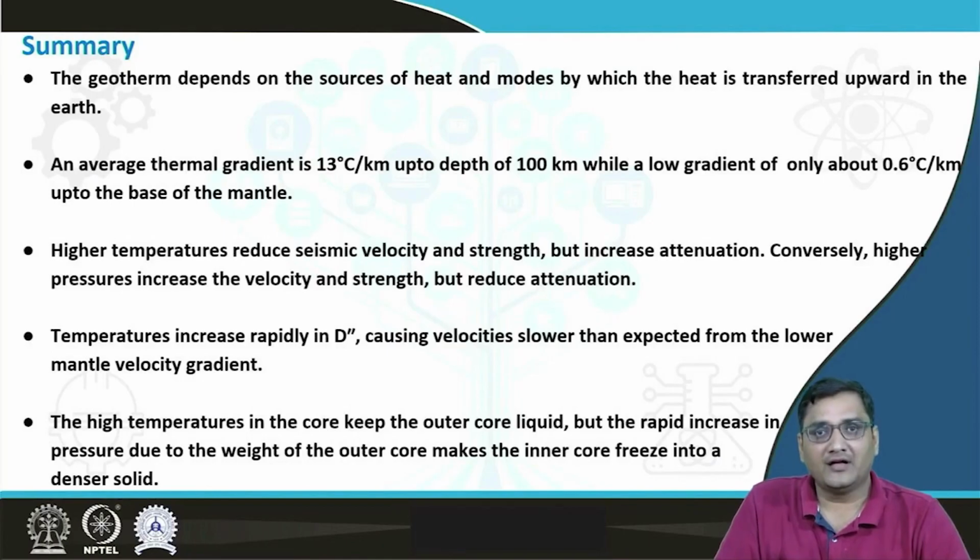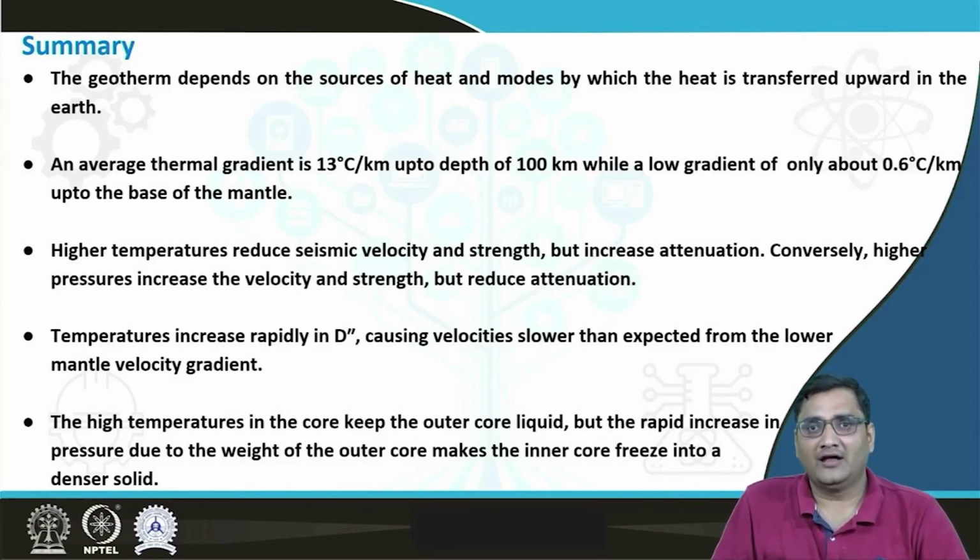As far as the recap of the previous lecture is concerned, we learnt about the geotherm, which is basically the temperature variation with radius in the earth. The geotherm depends on the sources of heat and the modes by which the heat is transferred upward in the earth.